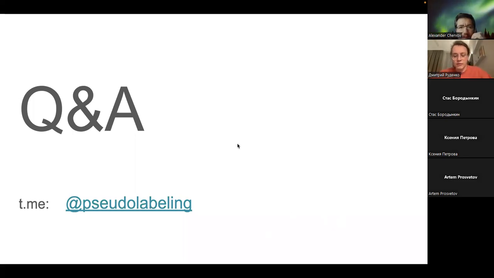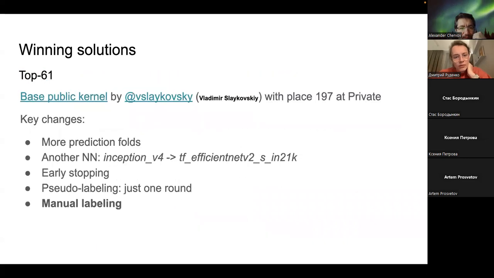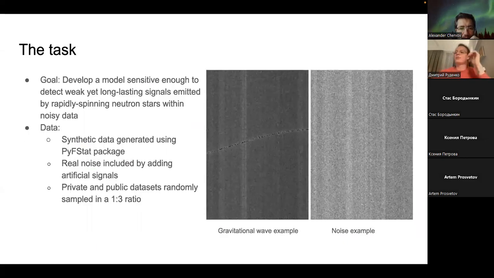May I ask a question? So it was something like images, yes? So the input data was what? I see. The input data was based on fast Fourier transformation of signals, but we were able to convert all the training data to images, and we were solving it as an image competition.